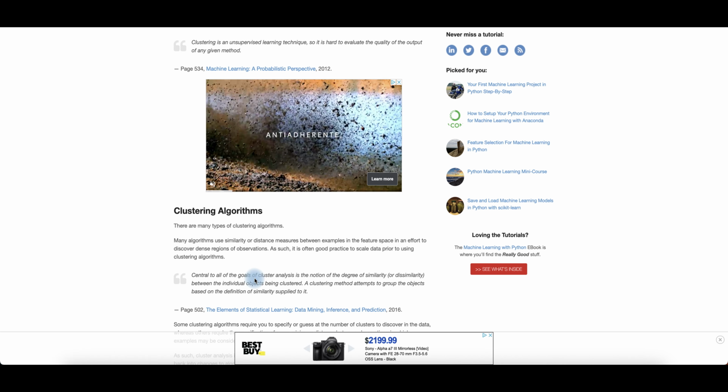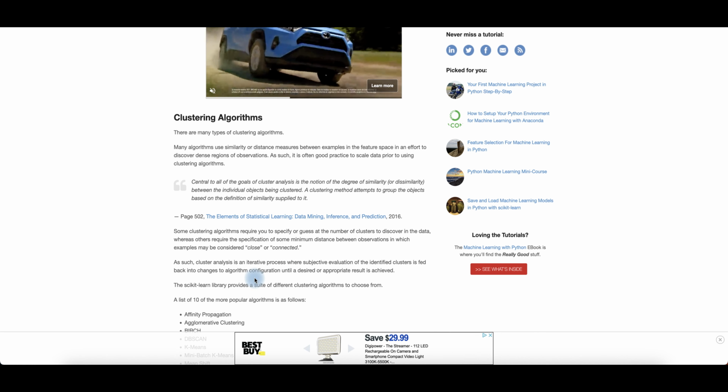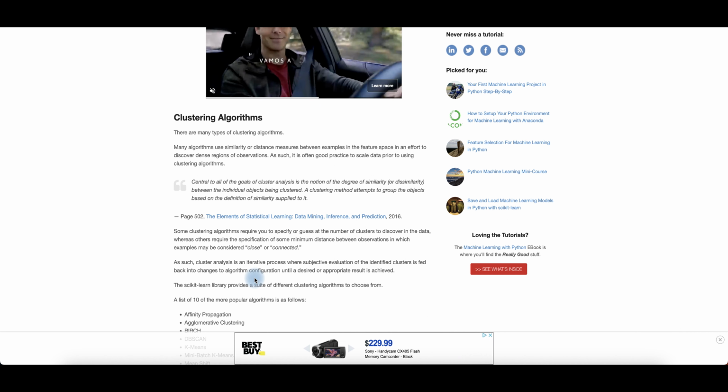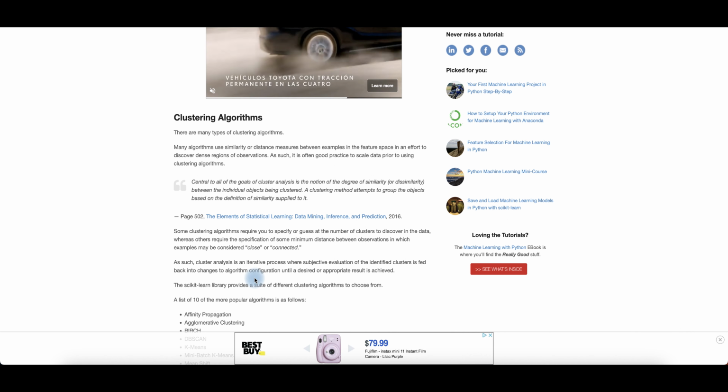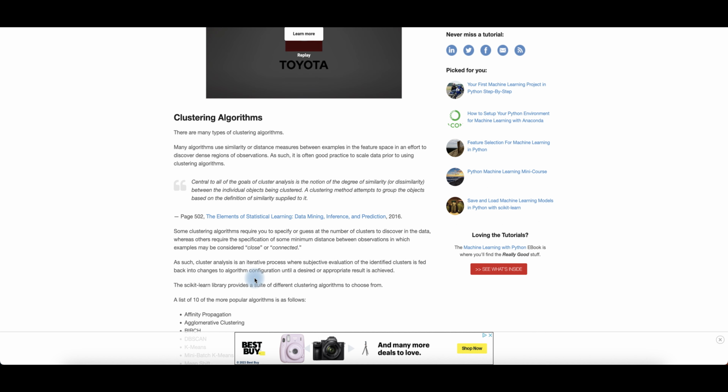Now we have a bunch of clustering algorithms as we have discussed below. Many of those algorithms use similarity or distance measures between examples in the feature space in an effort to discover dense regions of observations. As such, it's often good practice to scale data prior to using clustering algorithms.